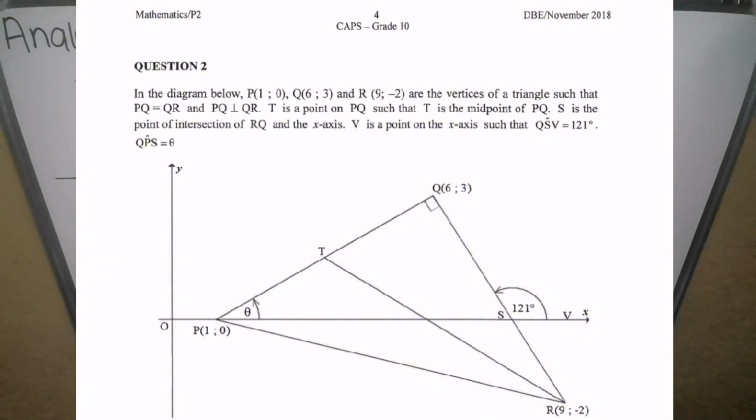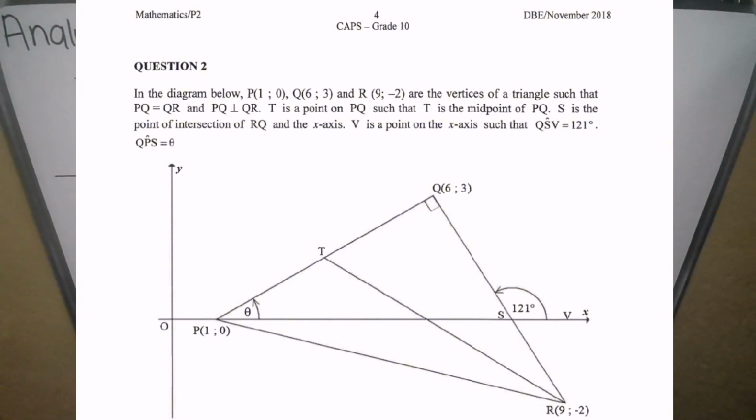T is a point on PQ such that T is the midpoint of PQ. S is the point of intersection of RQ and the x-axis. V is a point on the x-axis such that angle QSV equals 121 degrees. Angle QPS is equal to theta.